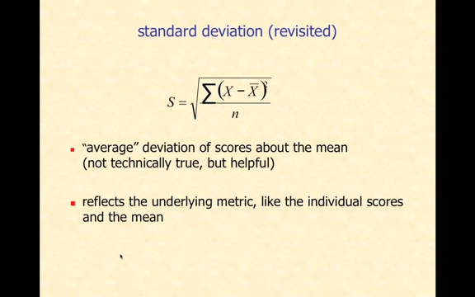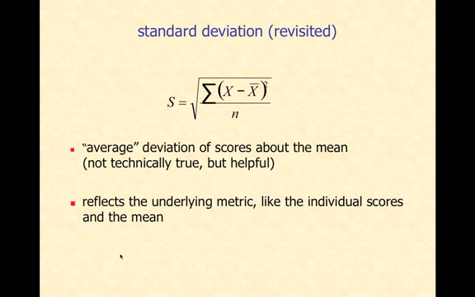But before we begin with that, I want to go back and revisit the concept of standard deviation. As you recall, we talked about standard deviation informally as being the average deviation of scores around a mean score. That's not technically true, but I think it's conceptually pretty valid, and it's certainly a helpful way to consider what standard deviation is.